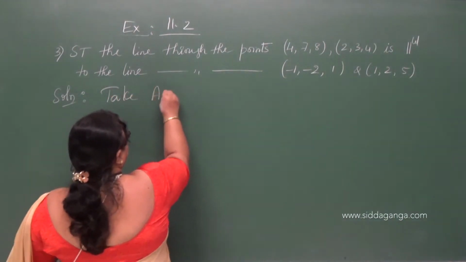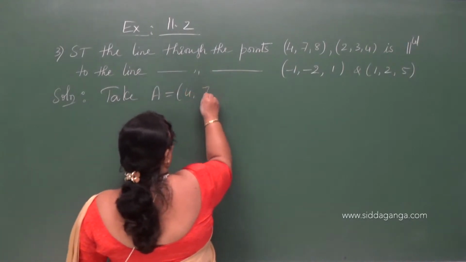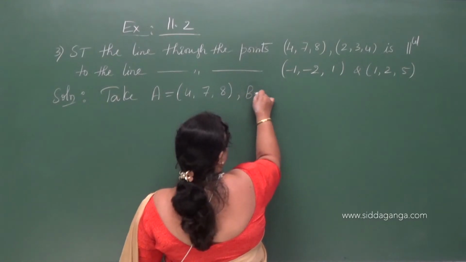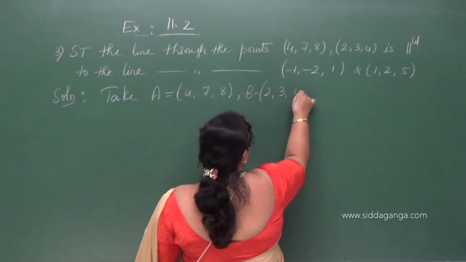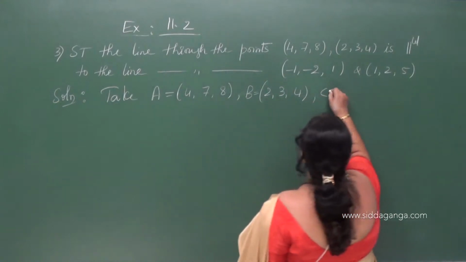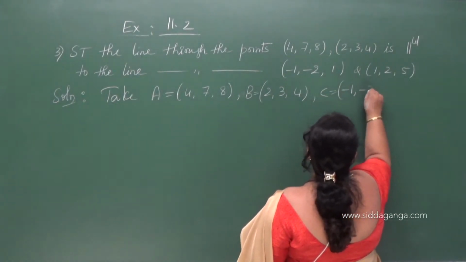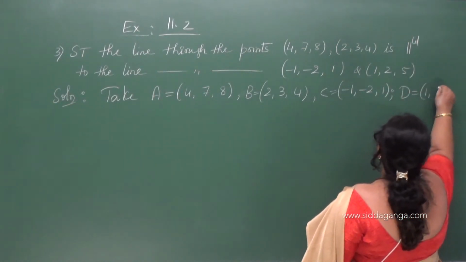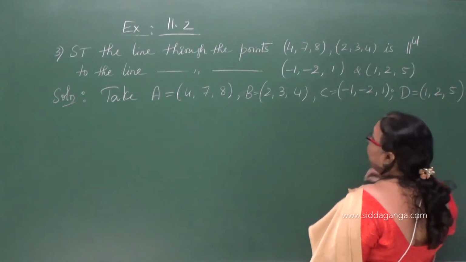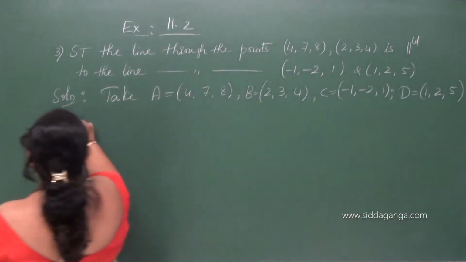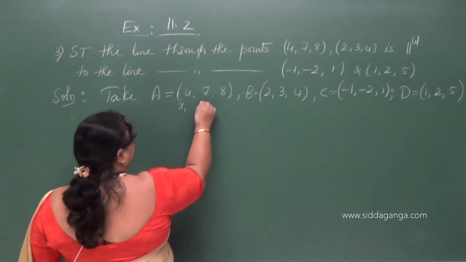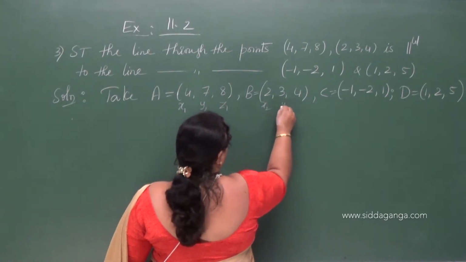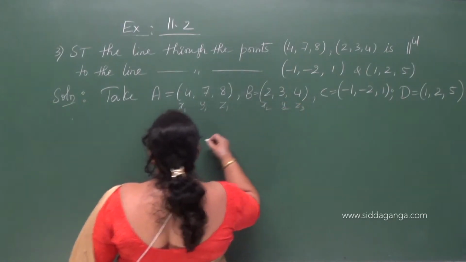Take A equal to 4, 7, 8, B equal to 2, 3, 4, C equal to minus 1, minus 2, 1 and D equal to 1, 2, 5. Let us first find the direction ratios of line AB, with x1 y1 z1 and x2 y2 z2.